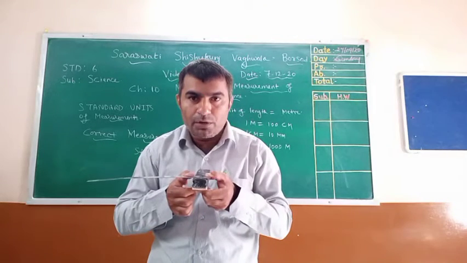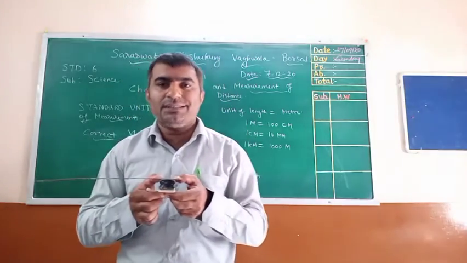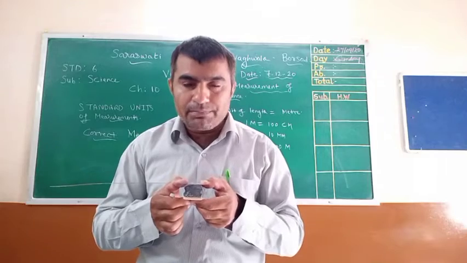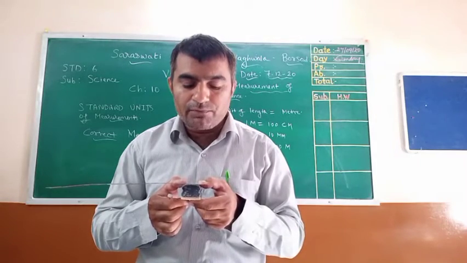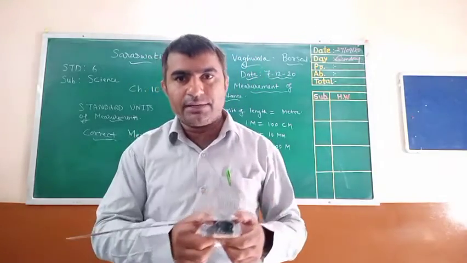We have to observe it from the top for the correct measurement. So this is the way of taking correct measurement, by observing from the top, not from this side or that side.